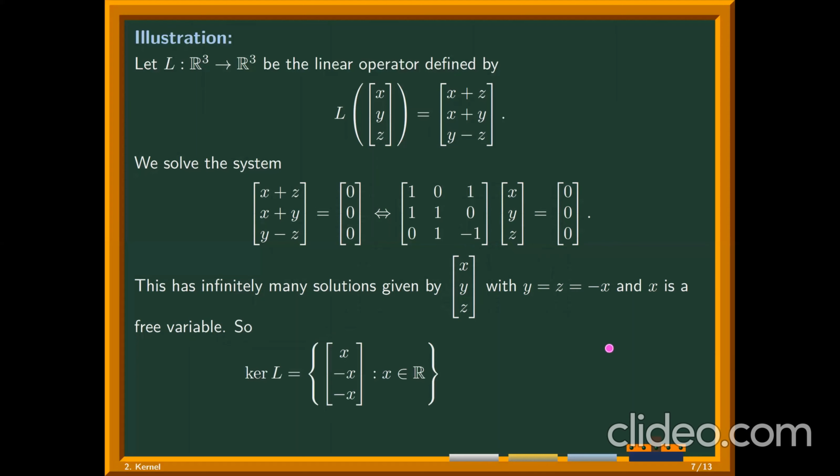In other words, the kernel of the linear operator is the set of all 3-vectors of the form (x, -x, -x), where x is arbitrary. So every element in the kernel is a scalar multiple of the vector (1, -1, -1). So this is nothing but the span of this vector. In particular, we see that the kernel is a one-dimensional subspace of R3.